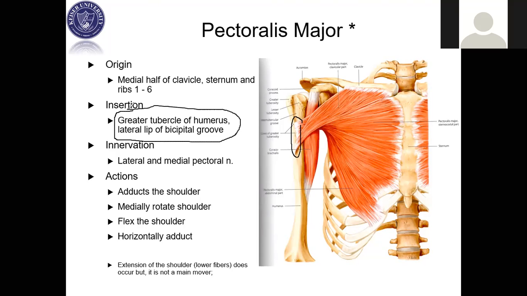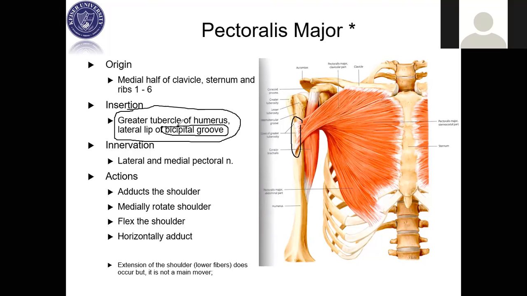I have no problem with that area, but the actual insertion point is in the bicipital groove. In the bicipital groove is where most of the pec major inserts.